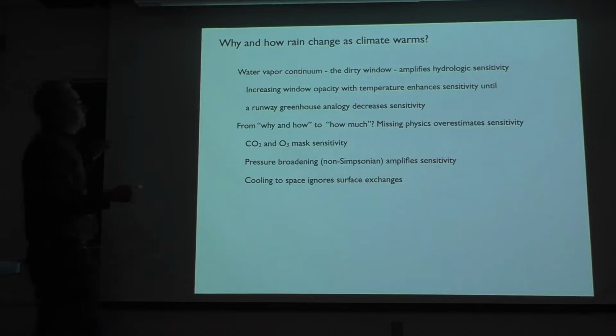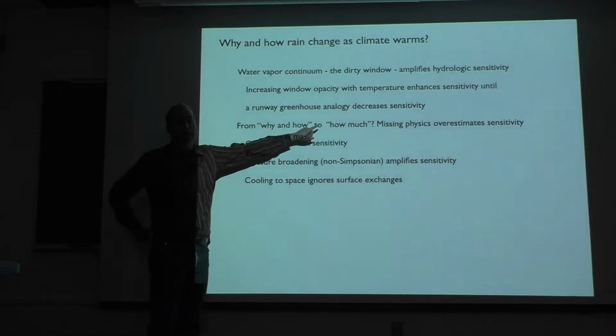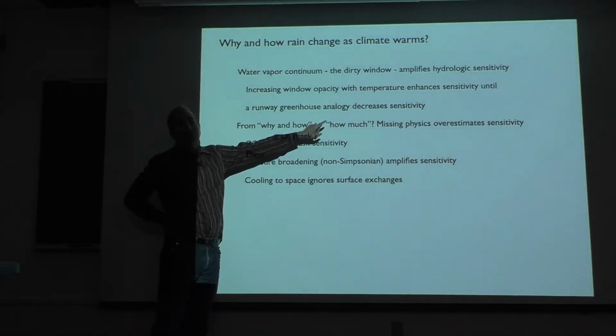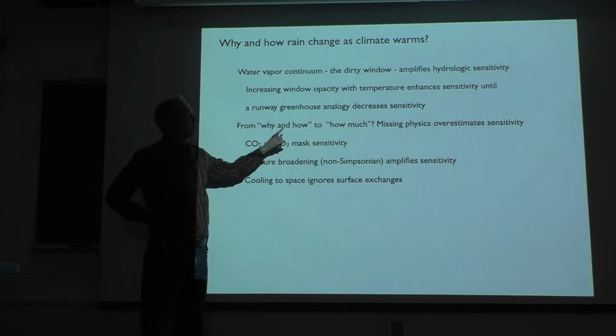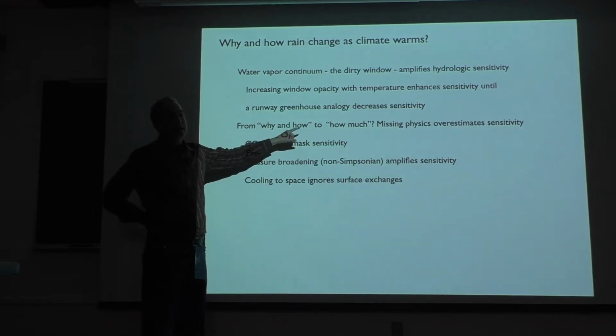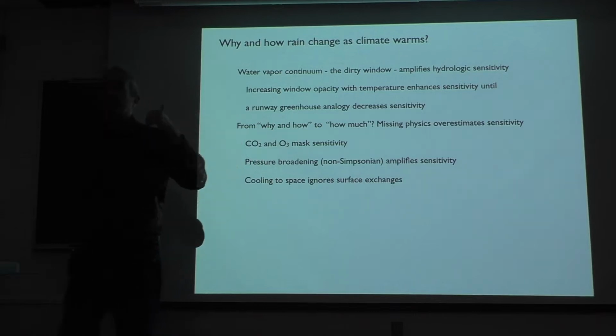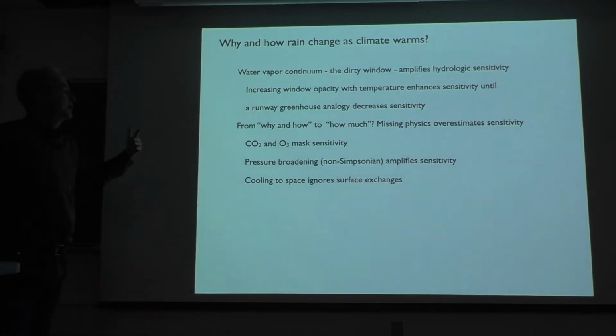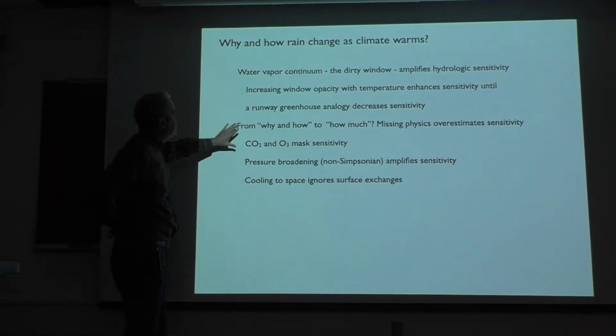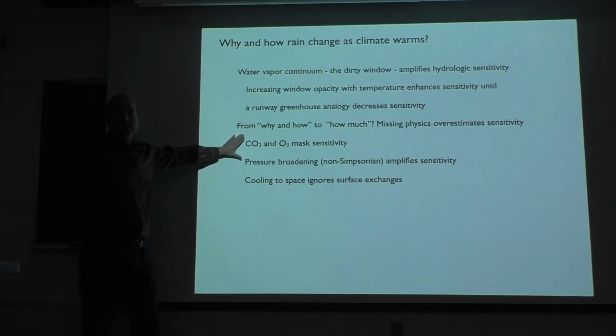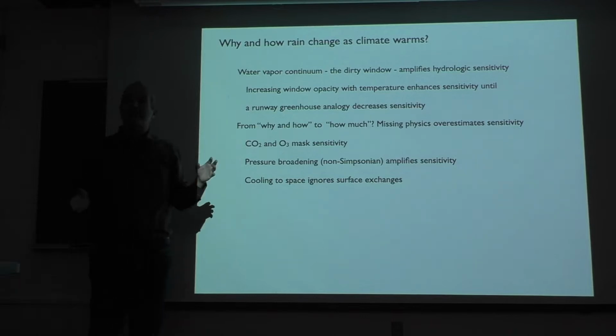Maybe you noticed, probably you didn't, that I changed this from how much will it rain more as surface temperature increases to why and how. And that's because we're missing a couple of pieces of physics that we are in the middle of trying to add. One of them is the effect of other gases, so carbon dioxide, ozone. They're both going to mask some of that sensitivity.